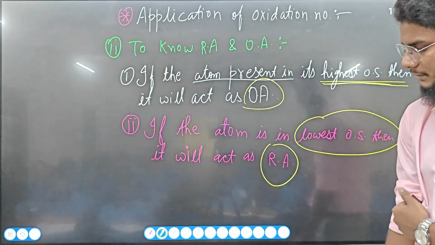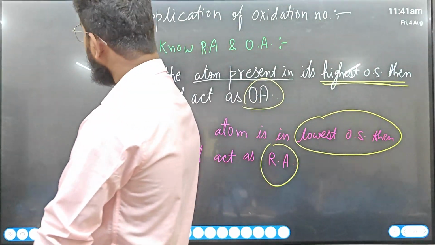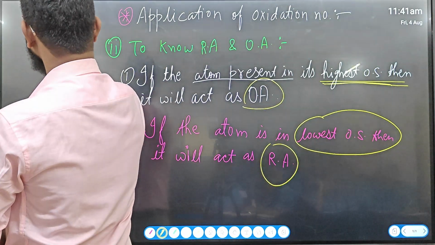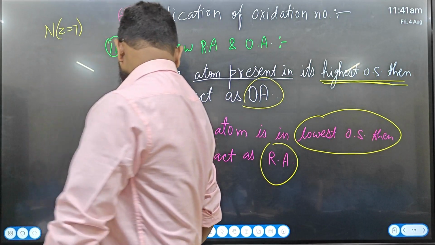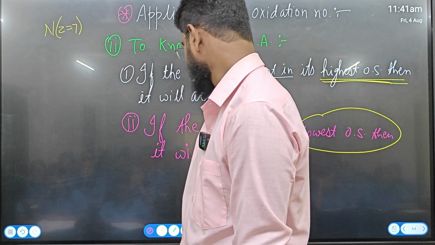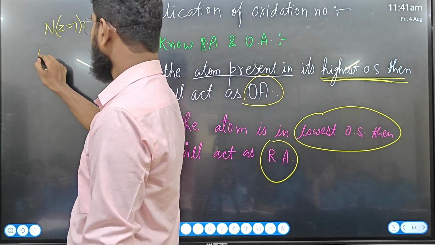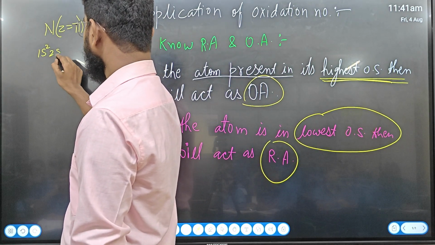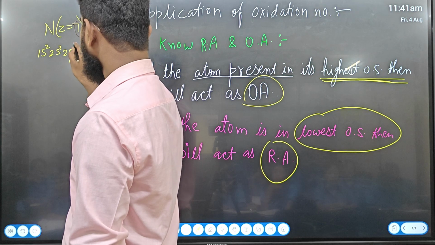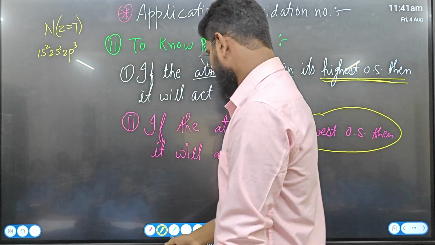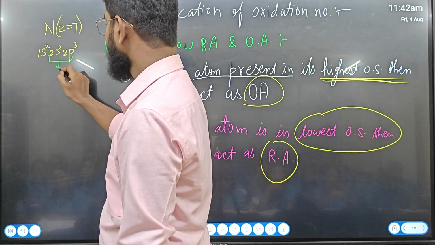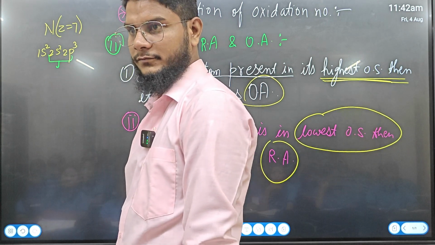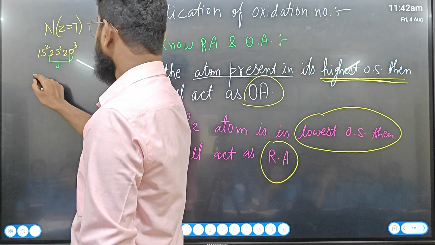Write down this first and tell me the electronic configuration of nitrogen. Z is equal to 7. Electronic configuration 1s2, 2s2, 2p3. First of all, valence electron. How many valence electron? 5. Right. So simple.